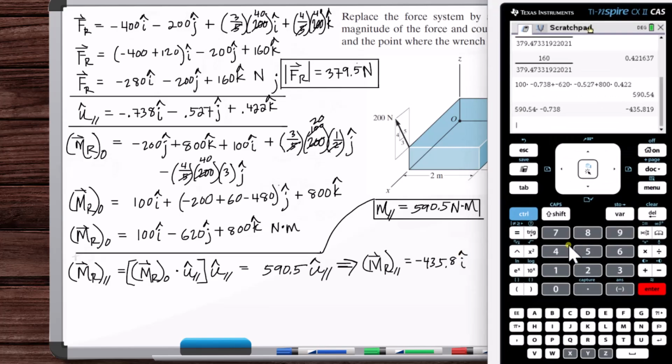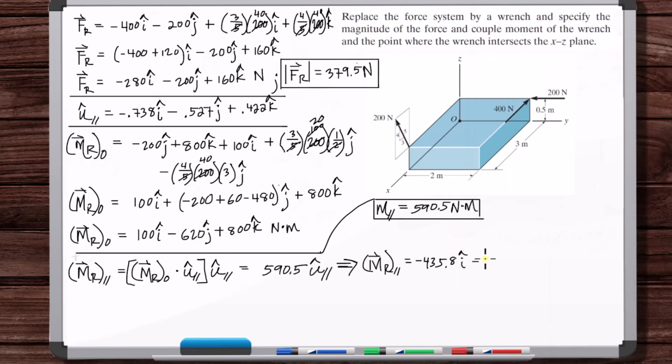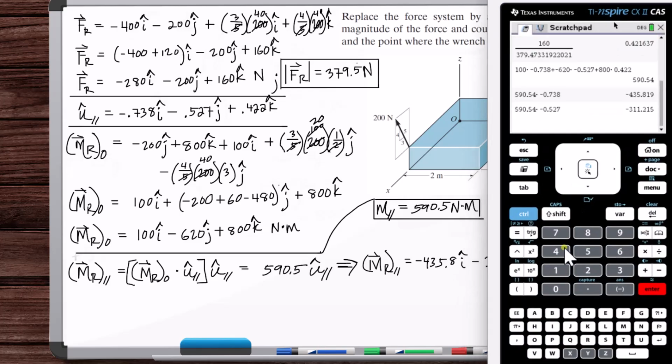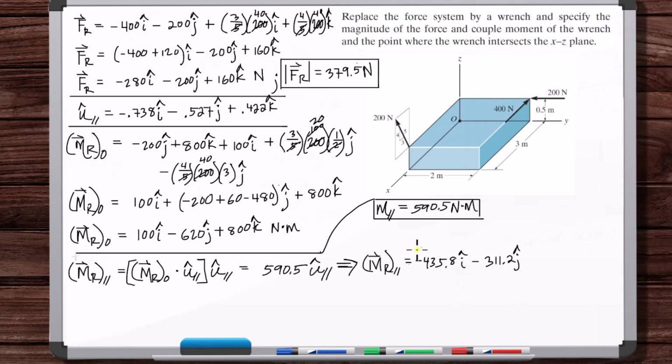Minus 311.2. 249.2. It's Newton meters. Okay.